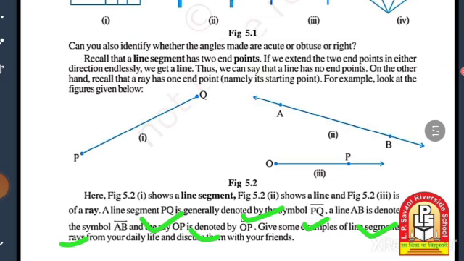A ray is denoted by OP. Give some examples of line segments and rays from your daily life and discuss them with your friends. Here you can see these three are the symbols of the line segment, line and ray.